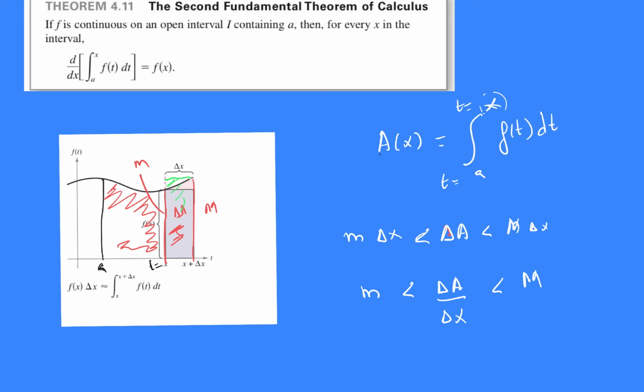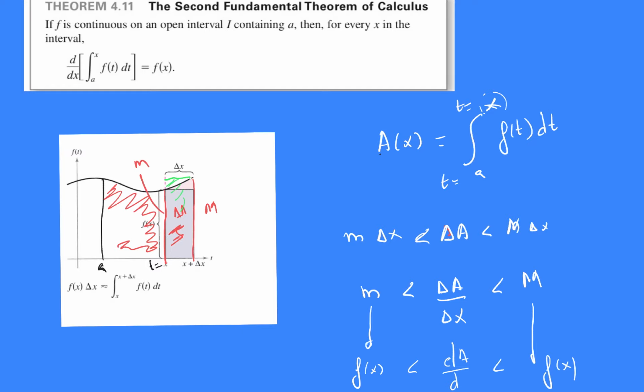Take the limit when delta x goes to 0. When delta x goes to 0, the m goes to f of x, and the capital M goes to the value of the function f of x. The minimum and the maximum coincide.